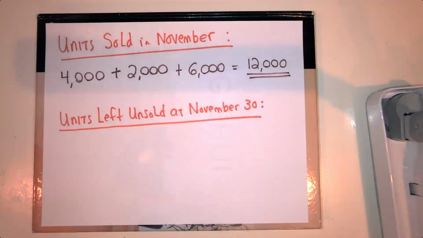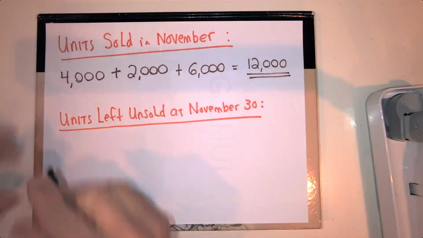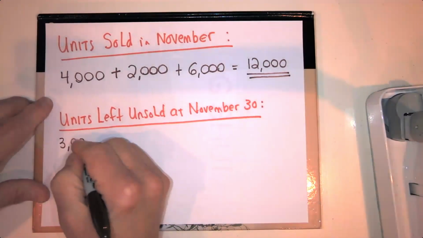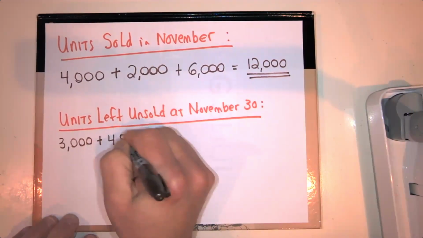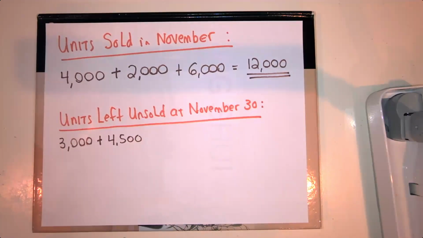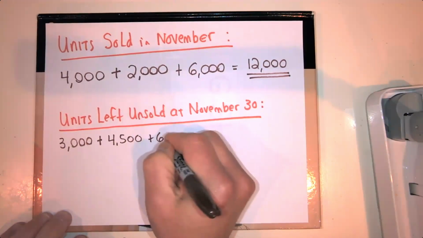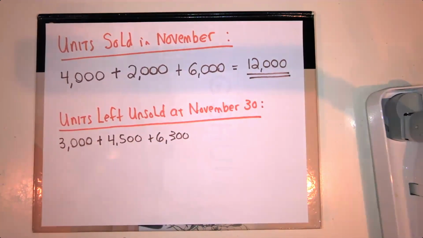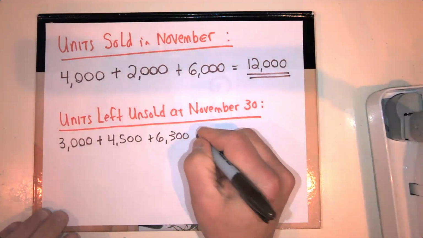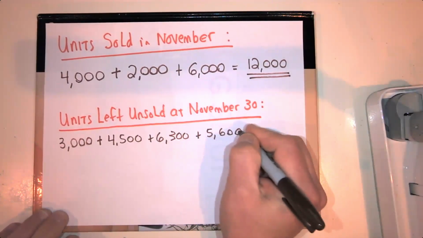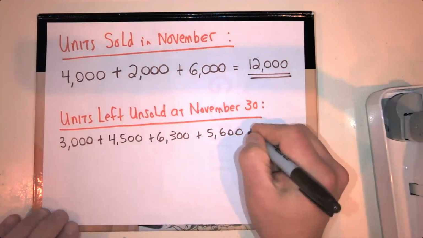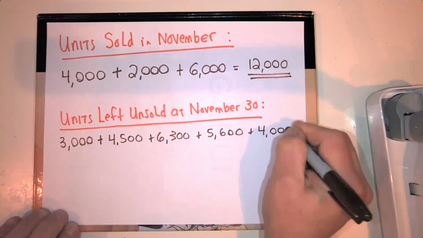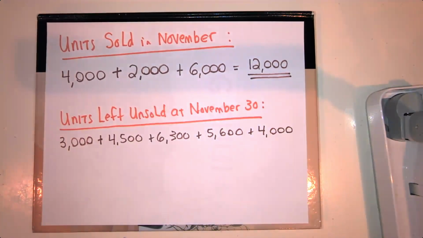Let's do that. So we started with 3,000 units. We then purchased 4,500 units on November 7th, 6,300 units on November 14th, 5,600 units on November 22nd, and 4,000 units were purchased on November 29th.